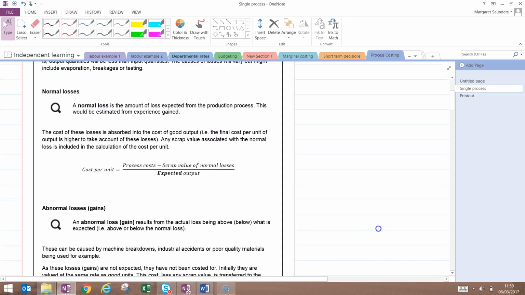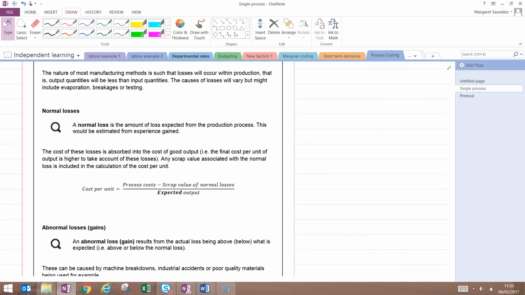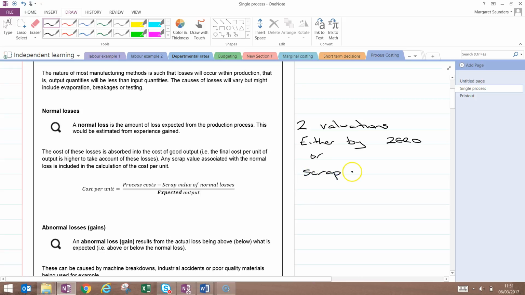So starting with the normal loss, there are only ever two valuations for a normal loss. It will either be 0, so your normal loss has no value, or scrap value. Now in some instances you may find that your normal loss can be sold.